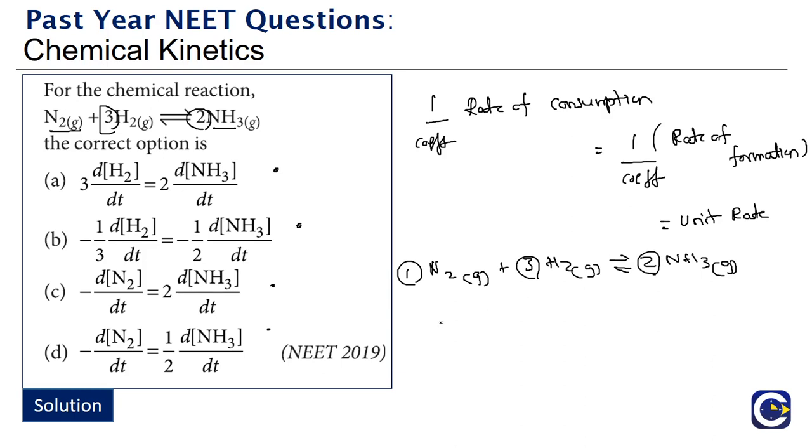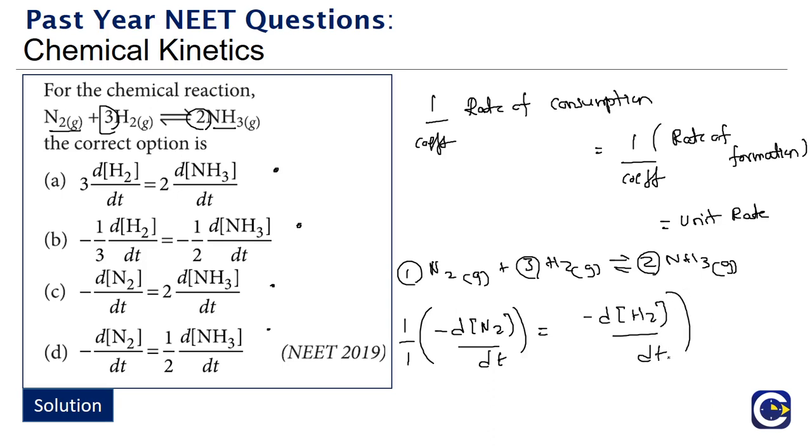So we will have minus dN2 by dt, which is the rate of consumption of nitrogen, with stoichiometric coefficient 1, equal to minus dH2 by dt into 1 by 3, equal to 1 by 2 into dNH3 by dt. We will not have a minus for ammonia because it is the product that is getting formed.